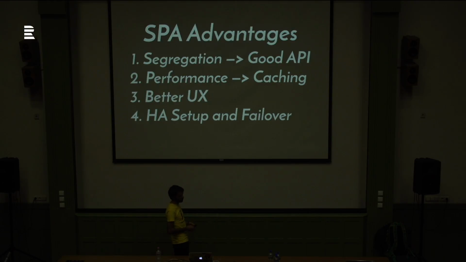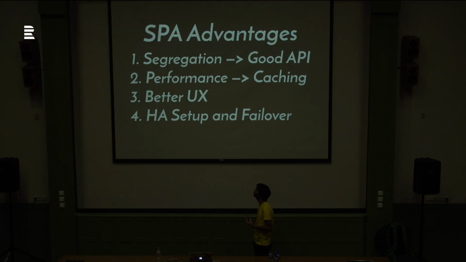Another thing is that you will obviously have better UX, because users will have the feeling they're interacting with an application and they don't have to wait so much time for a page to load, for example, because you can preload everything. Of course, using a good architecture will get you to a highly available setup.